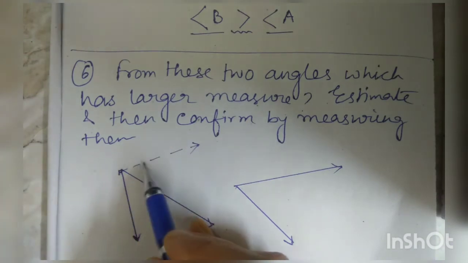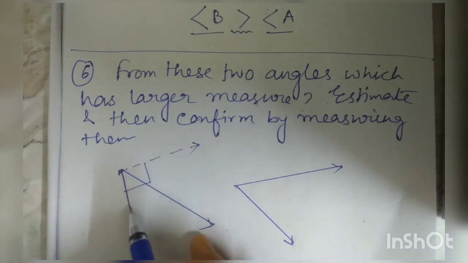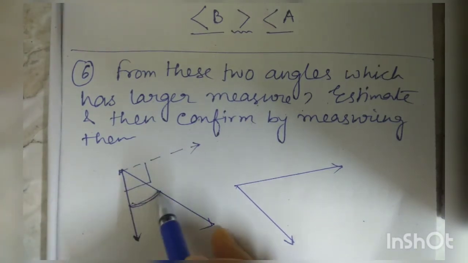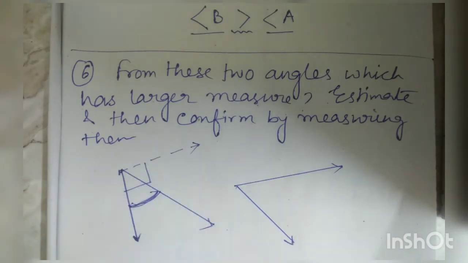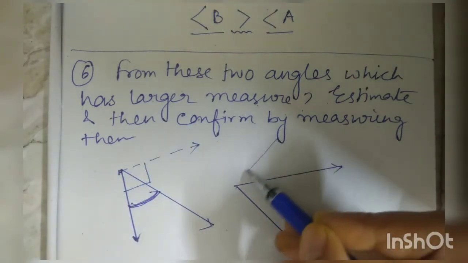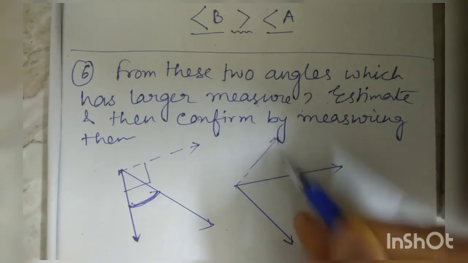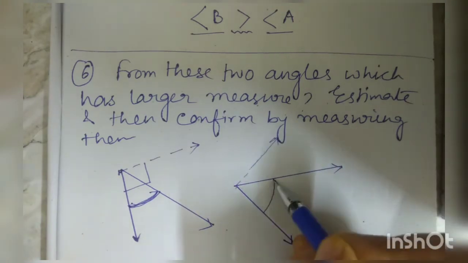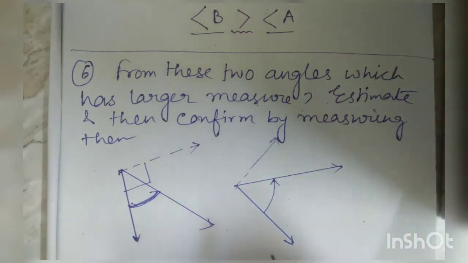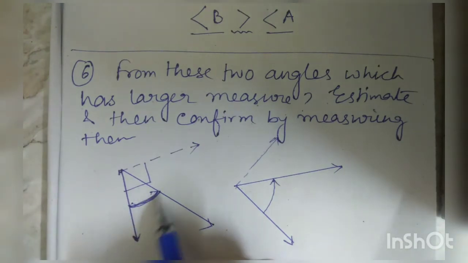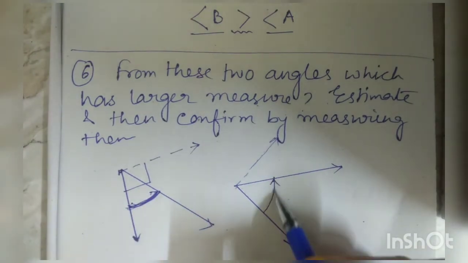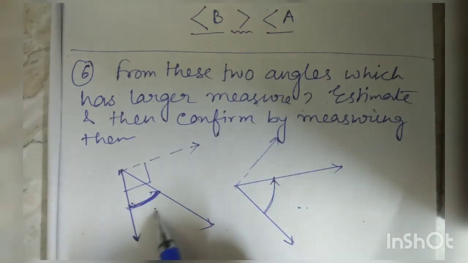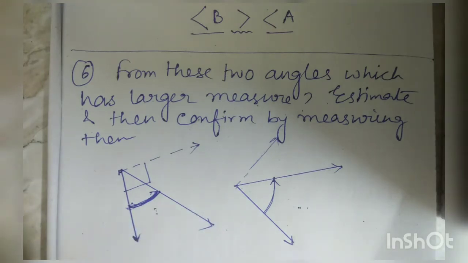This angle is of measure this much only. And here also this is our 90 degree angle, and this ray is moving this much. So we can assume that this angle is greater than this angle.